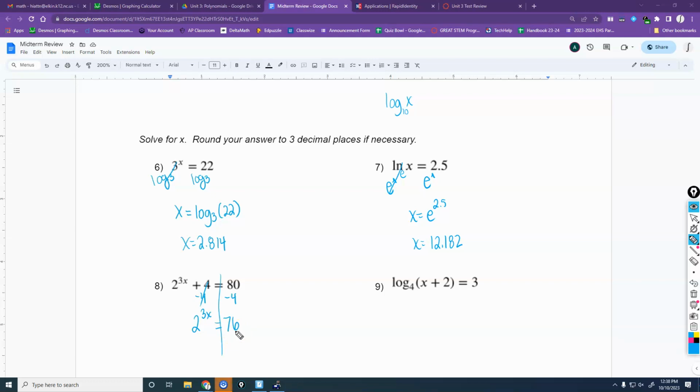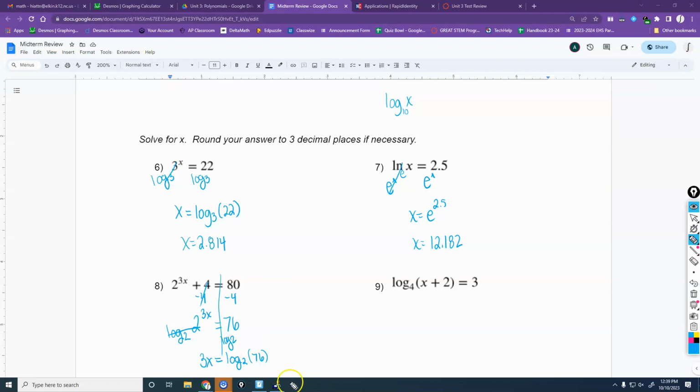It feels like you should divide, but it is not division, because that's 2 to the 3x power. So when you have something that's exponents like that, you got to use a log to get rid of it. So you would log with a base of 2 over here and log with a base of 2 over here. So that would just give you a 3x left right there equals log base 2 of 76.